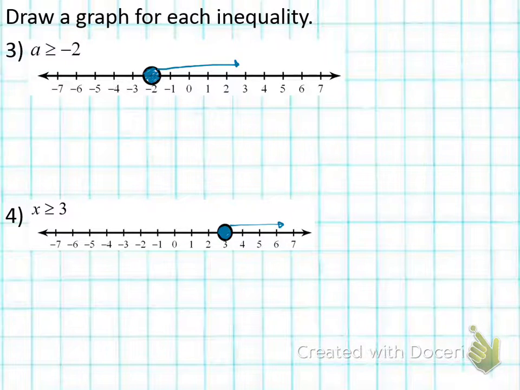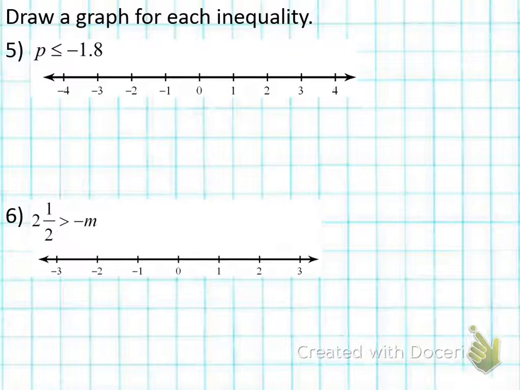Okay, continuing on, number 4. Or 5, I'm sorry. Who taught me how to count, right? Here we go, number 5. Okay, this one's a little harder, right? Because it has a decimal point, okay? So -1.8 is between what two numbers? -1 and -2, right?